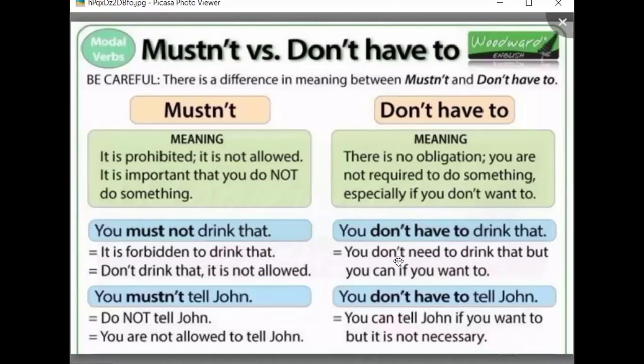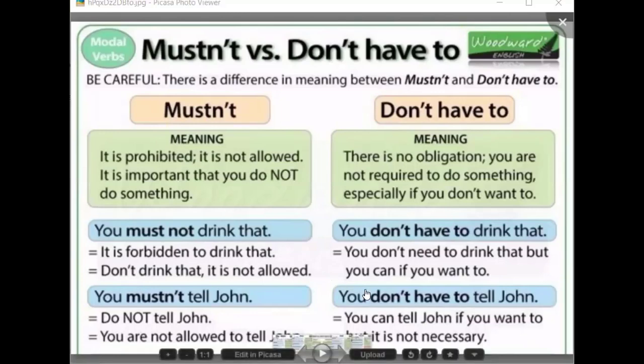Okay. You don't have to drink that. You don't need to drink that, but you can if you want to. Okay. You mustn't tell John. Do not tell John. You are not allowed to tell John. You don't have to tell John. You can tell John if you want to, but it is not necessary.